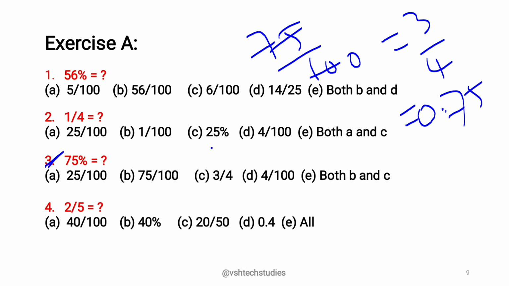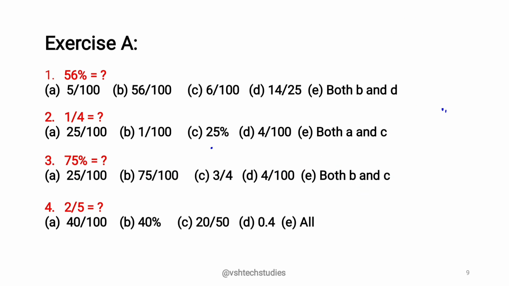So 25 by 100 is not correct. 75 by 100 is correct. 3 by 4 is correct. So B and C options are correct. 4 by 100 is not correct. It belongs to 4%. So since both B and C are correct, we have to choose option E, which is correct here.